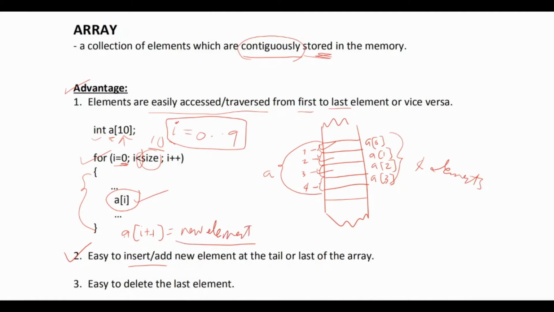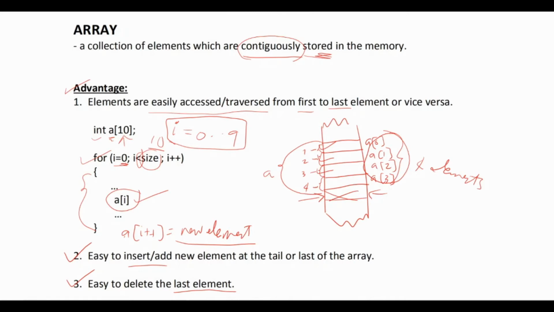So you could easily add here without moving any of the existing elements. And the third is you could easily delete the last element. You could easily insert at the end of the array and you could easily delete this one without moving all the other elements.